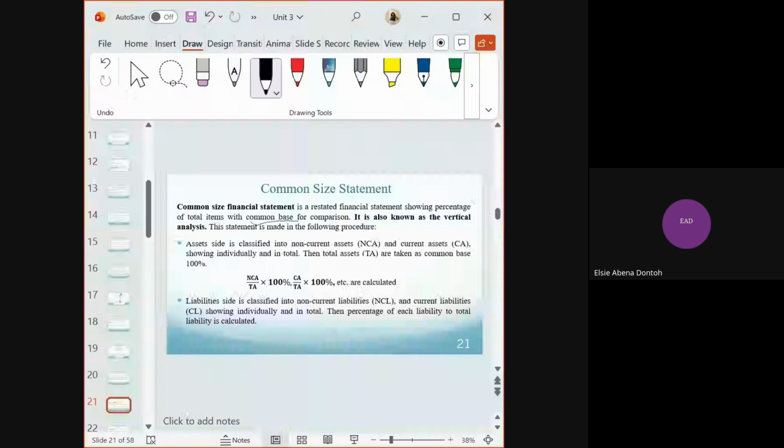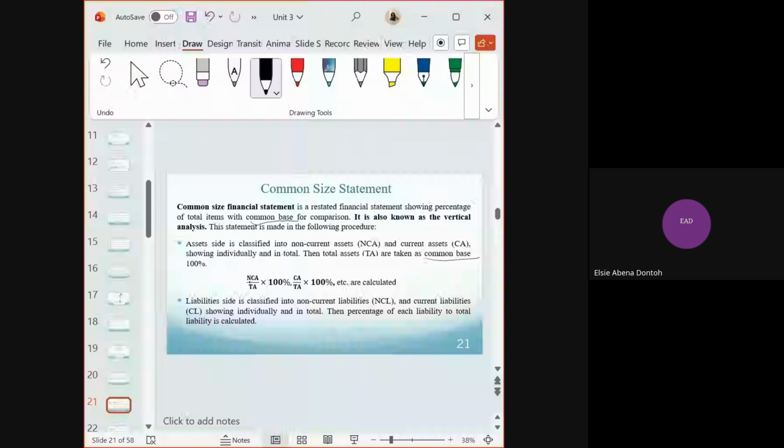The assets side is classified into non-current assets and current assets, showing individually and in total. The total assets are taken as the common base.